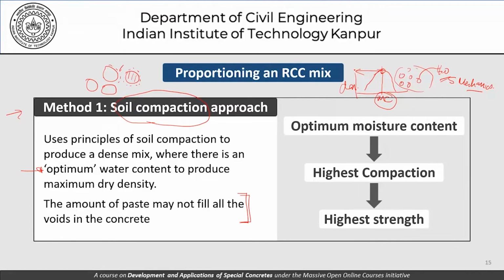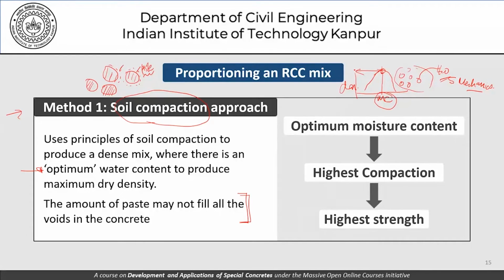Roller compacted concrete can indeed be modeled closer to a soil mass, with particles surrounded by some kind of moisture containing paste. And the effort is to find out the moisture content which is optimal in order to facilitate maximum compaction.